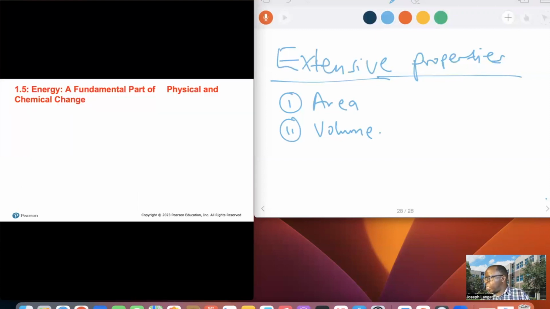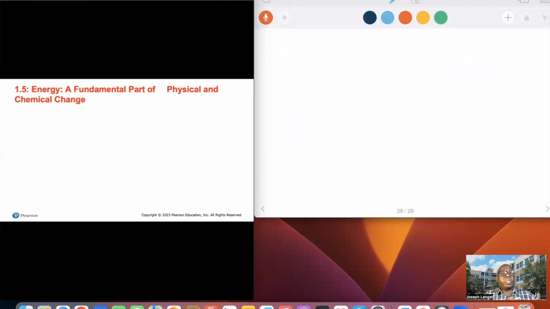Lastly, this is the last part of our lecture in part A: energy. You should be able to define energy.